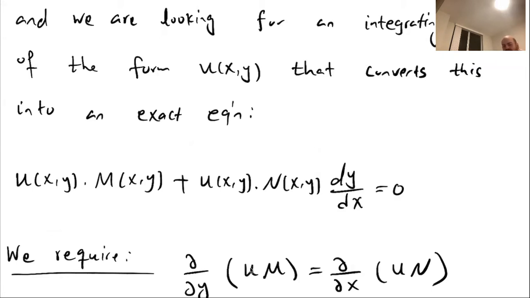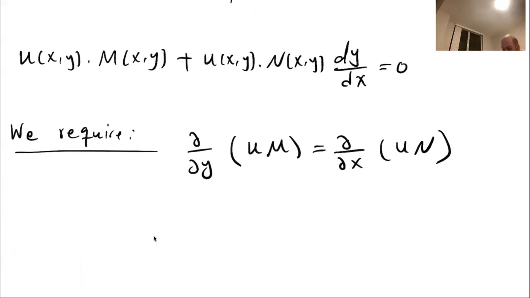But when I write u times M, I mean u of x and y times M of x and y. Similarly for uN. Now, I can use the product rule to expand the left-hand side and right-hand side.